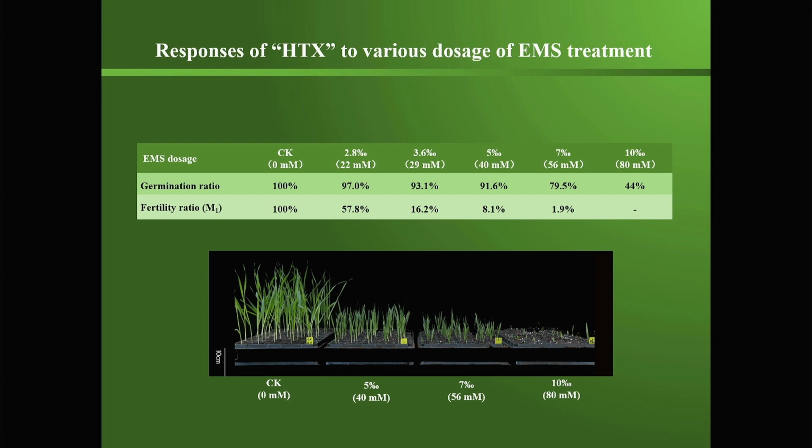We first tested the responses of Ha-Tie-Xi to different dosages of the mutagen EMS. As the concentration rose to 40 millimole, the germination ratio of treated grains decreased mildly, but the fertility ratio of M1 plants decreased severely when the concentration rose to 30 millimole.